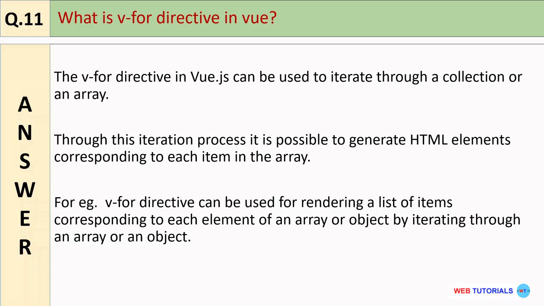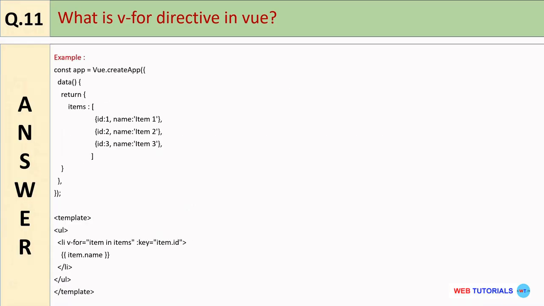For example, v-for directive can be used for rendering a list of items corresponding to each element of an array or object by iterating through the array or object. In the example illustrated, you can see how to use v-for directive to iterate through an array and render an unordered list based on items inside the array.